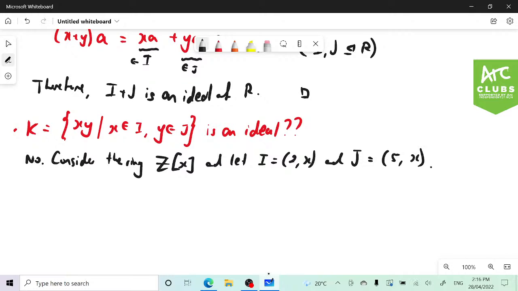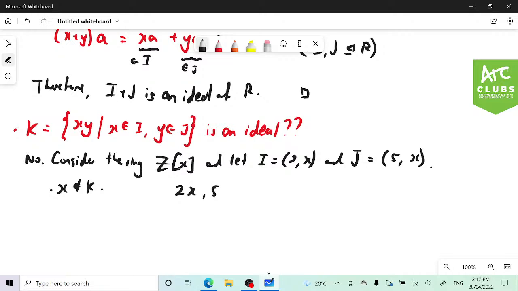One thing we notice with these two is that x doesn't belong in K. This might not be obvious at first, but you can never generate x out of a product of these two things. So if you take an element in I, let's say you take 2, and then you take x here, you can generate 2x.